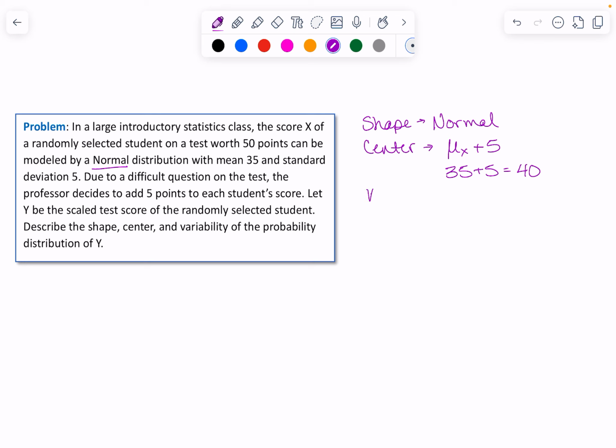And then variability. It's going to be the same as it used to be. It used to be the standard deviation of X, so now it's still going to be that, which was 5. Okay, so again, we got our new numbers.